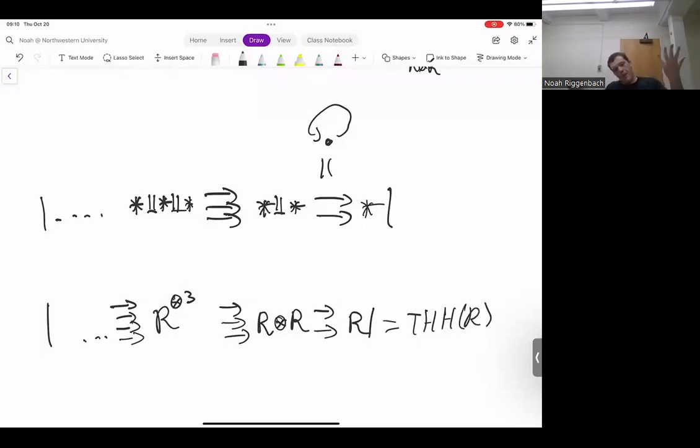Okay. And you can check that these boundary maps are indeed the usual boundary maps in the Hochschild homology complex. And again, by tensor, I mean tensor over the sphere spectrum. Great. And so that's what THH is.